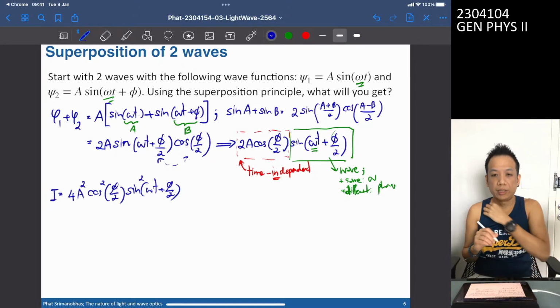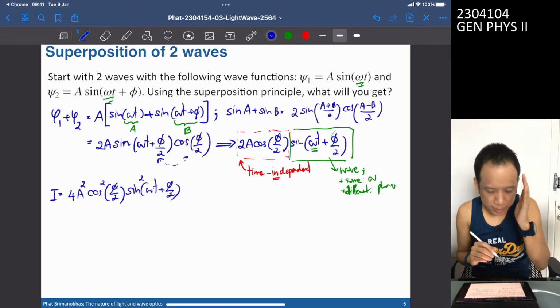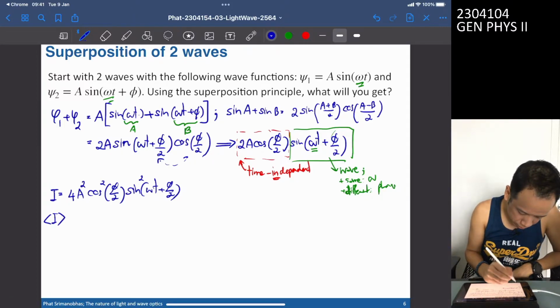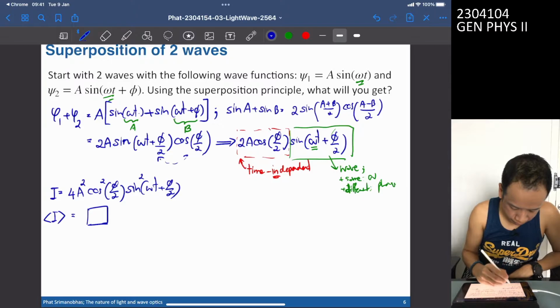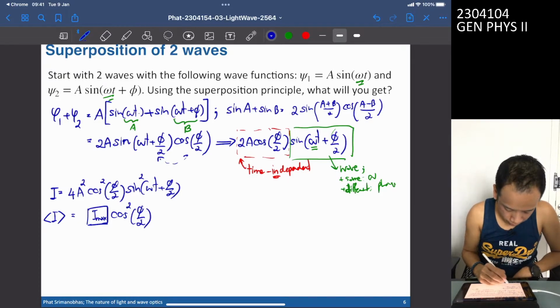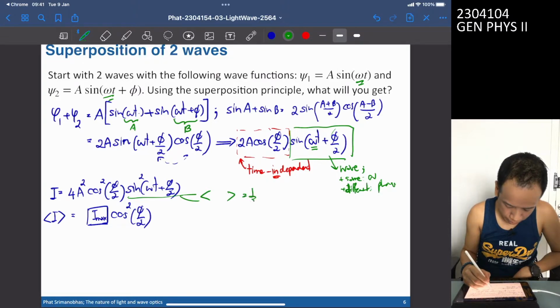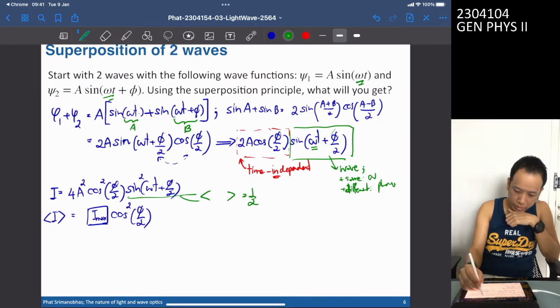And then when you detect the light intensity, it's averaged over time. It's not instantaneous, it's averaged over time. So you get the expectation. Whatever you get, it's just one number times cosine squared phi over 2. We call it I max, the maximum, and then the average of the sine squared is 1 over 2. So this is the intensity you will get.